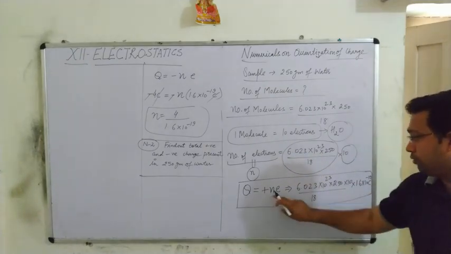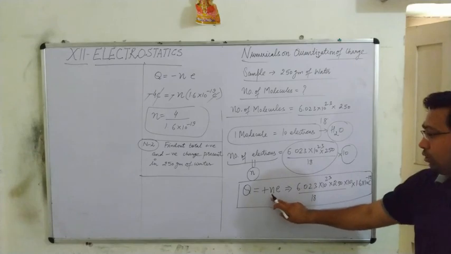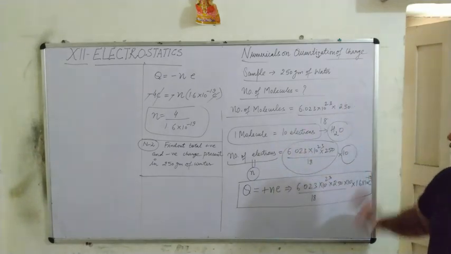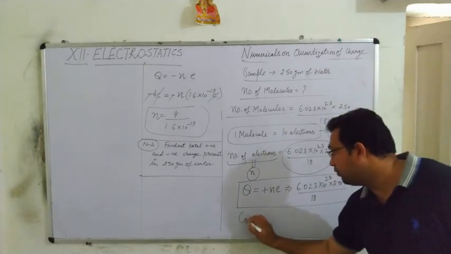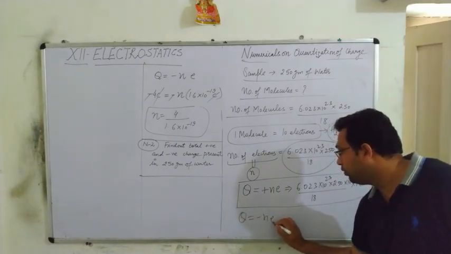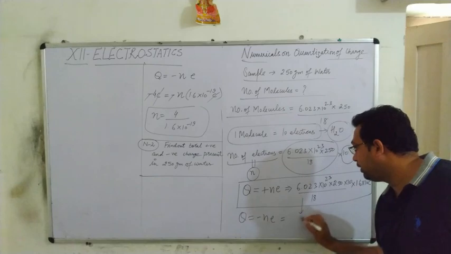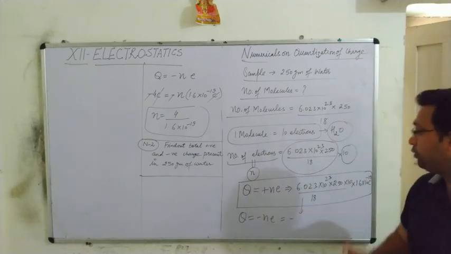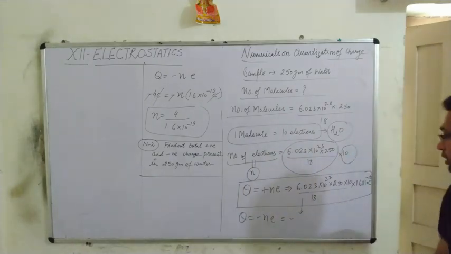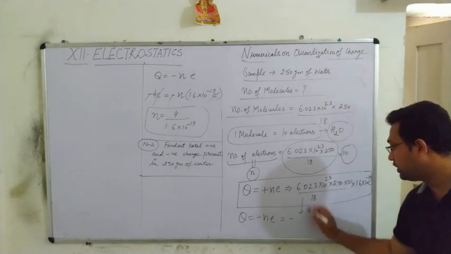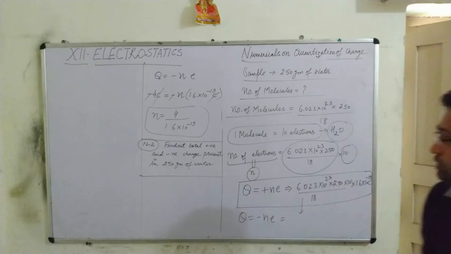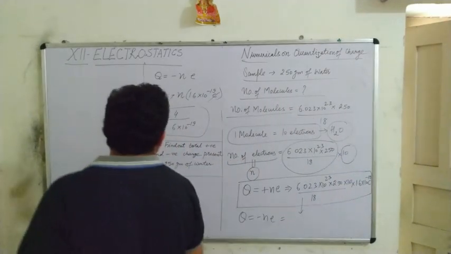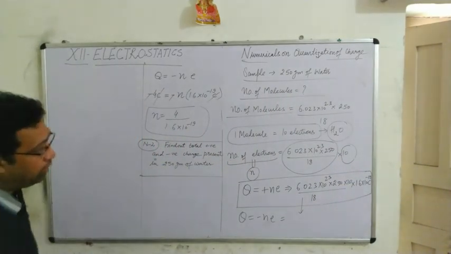Now Q equal to plus Ne gives the total positive charge in 250 gram of water. In the same way we have the same value for total negative charge, only the difference of plus minus sign. So this is all for this numerical.